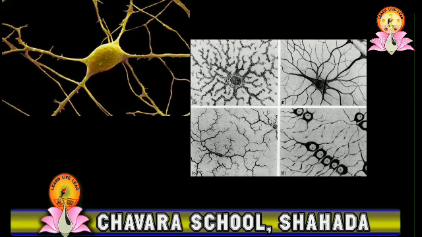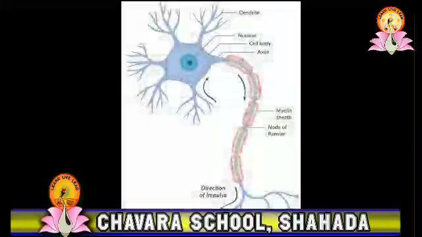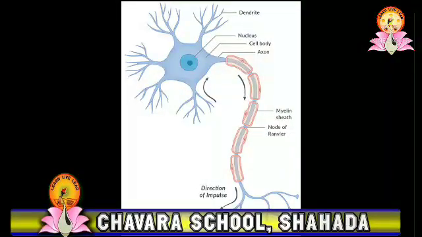This is how the structure of a neuron or nervous system looks under a microscope. This tissue is made up of elongated cells called neurons. The diagram shown on the screen shows you a neuron or a nerve cell.